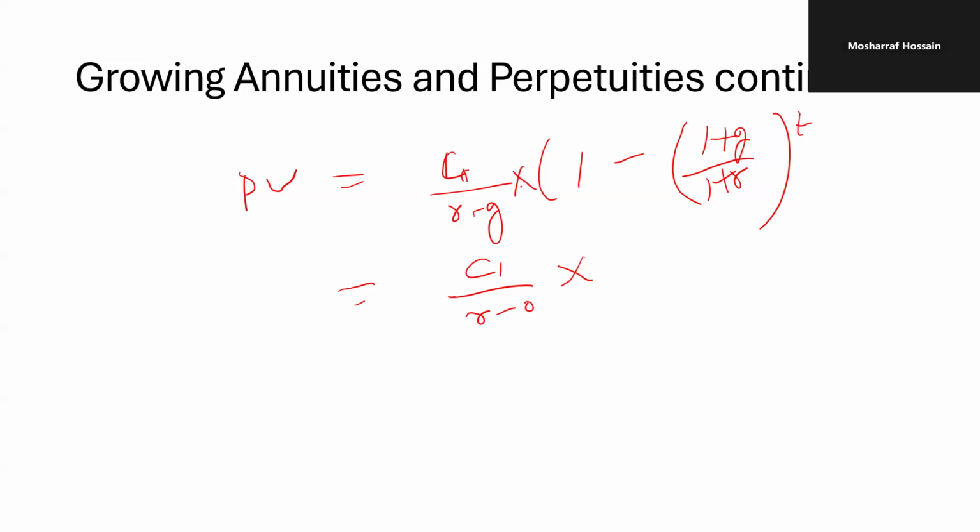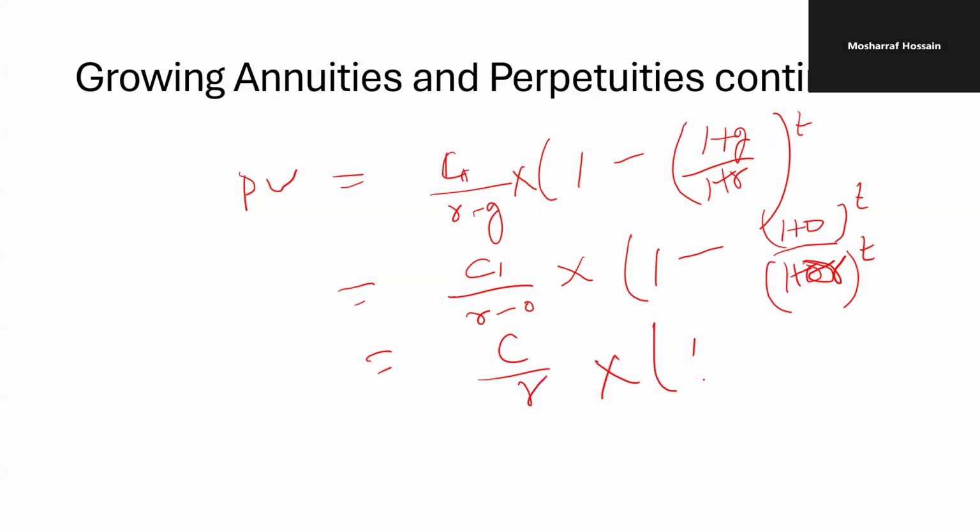I'm just reconstructing this from the growing annuity to the annuity formula. 1 plus G, G is 0, so 1 plus R. So this is R, this is R, 1 plus R to the power of T. Now you can see this is the same as the normal annuity formula, right?